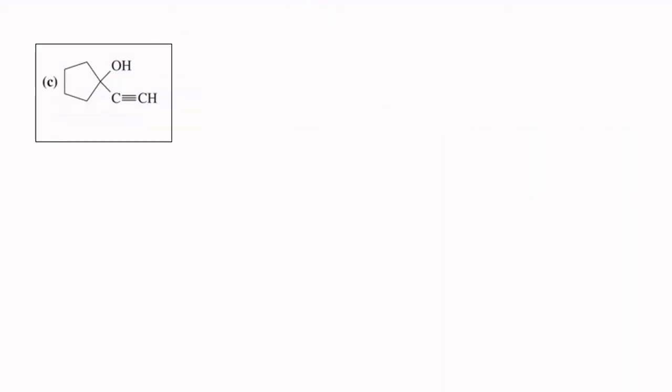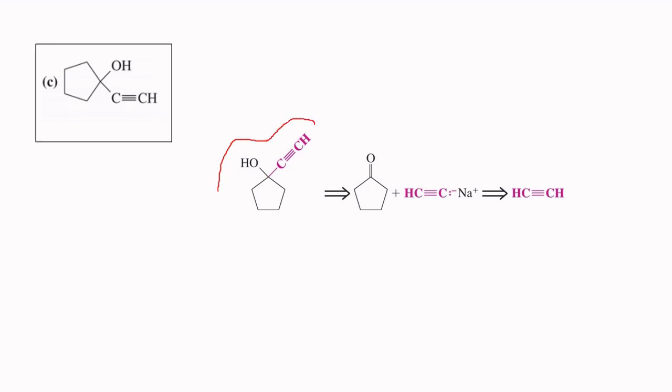Okay, next we have a tertiary alcohol as well. So how do we synthesize this compound? This tertiary alcohol can be synthesized by reacting a carbonyl compound with an alkynide, sodium alkynide, and this sodium alkynide can be made from an alkyne.